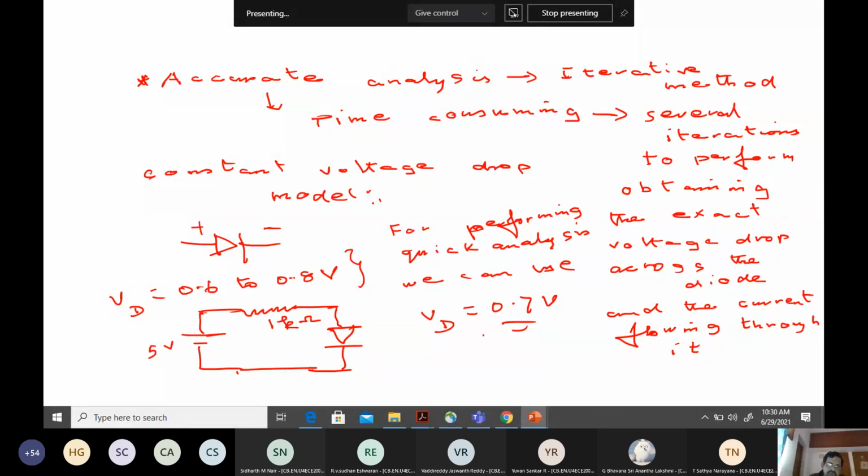Applying the constant voltage model, forward model, I get the current through the diode, ID, as 5 minus 0.7 divided by the 1 kilo ohm resistor, which is 1 into 10 power 3. So that is equivalent to 4.3 milliampere.